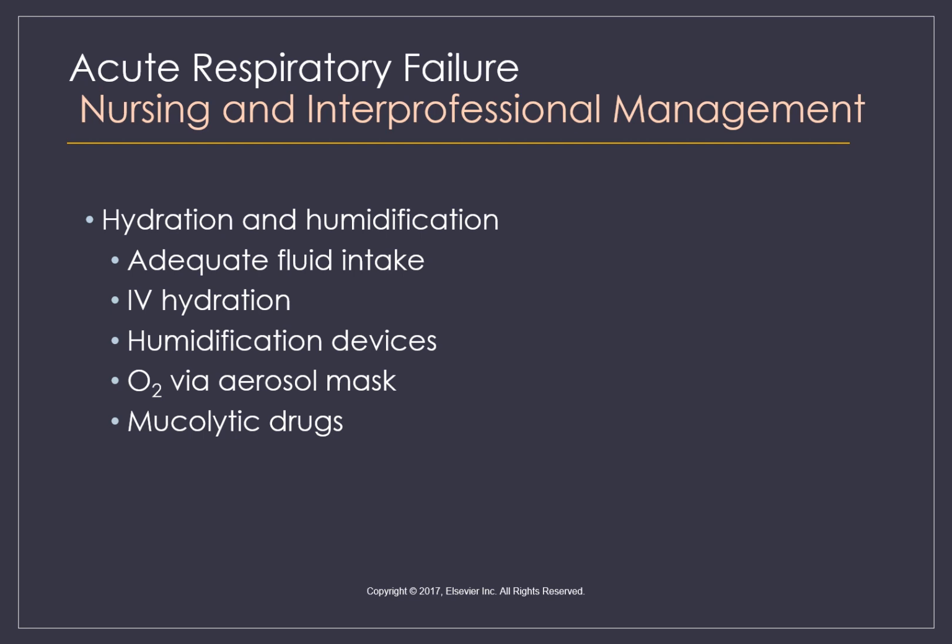And then we can use some mucolytic drugs like acetylcysteine or Mucomyst, which is funny, that's actually the antidote for an acetaminophen overdose, but it also will help thin out secretions and help make them easier to remove. Bronchodilators too will open up those airways, and used in conjunction with a mucolytic can help secretion removal.